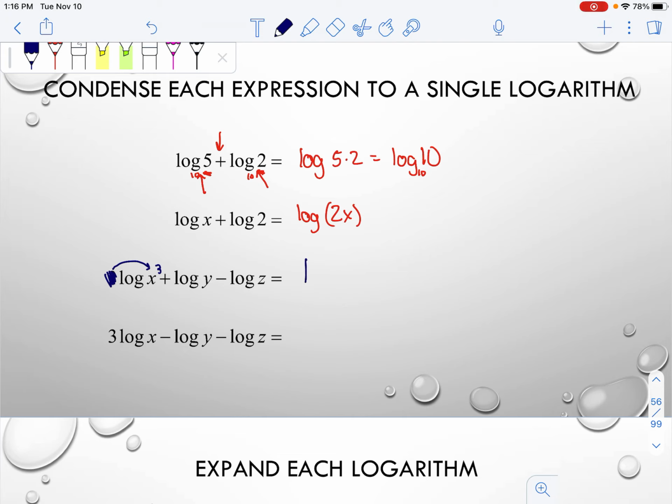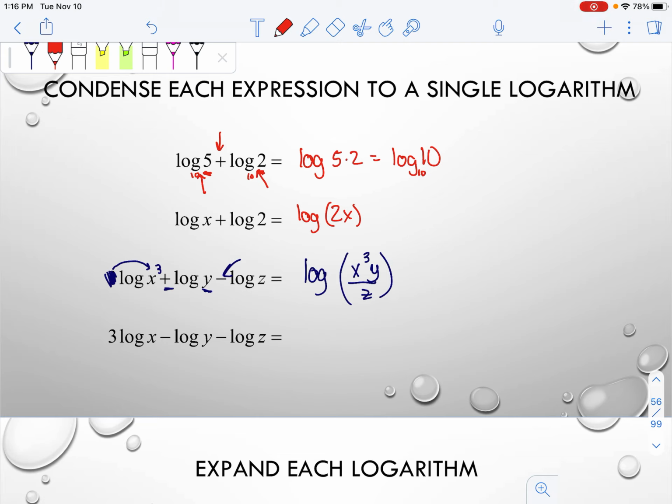I'm going to write log one time. Because our first term there is positive, x cubed goes in the numerator. Our second term is positive, so the y goes in the numerator. And our third term is negative, right? There's our negative symbol, so that z is going to go into the denominator. So we have the log of that expression, x cubed y over z.